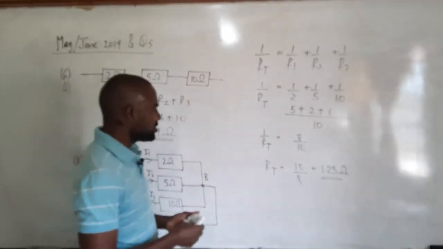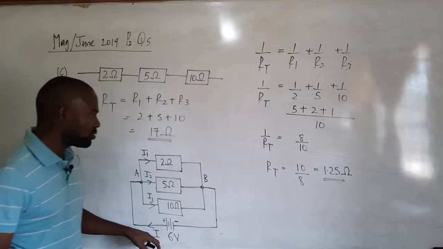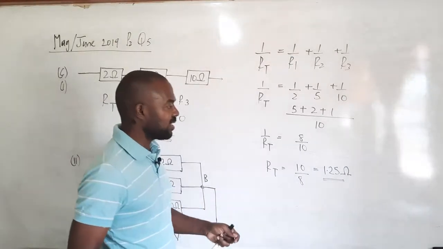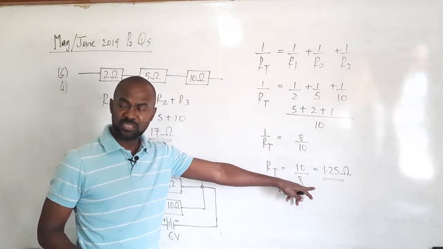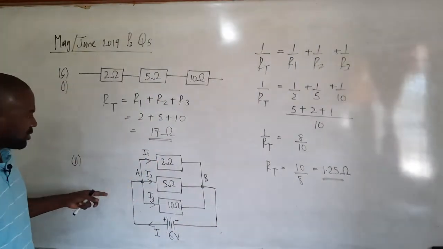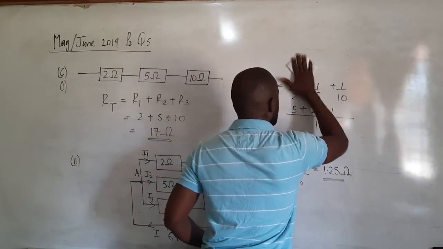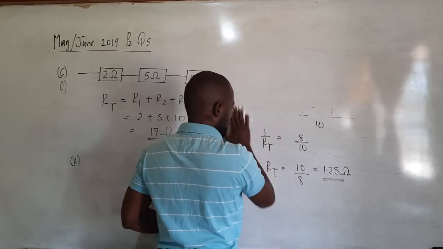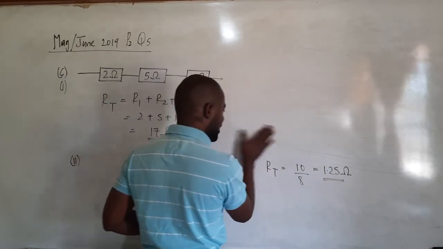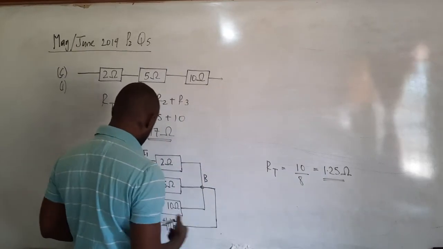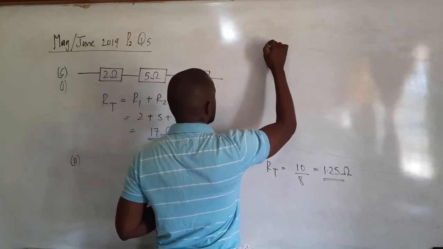So let's now proceed to calculate the total current. Since we calculated the total or effective resistance of this combination in part 2, we'll be using it. So we have RT equal to 1.25 ohms. This is part 3 of the question.